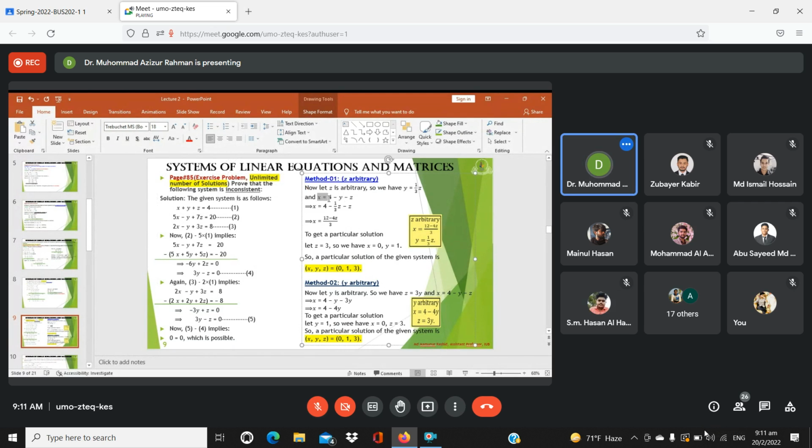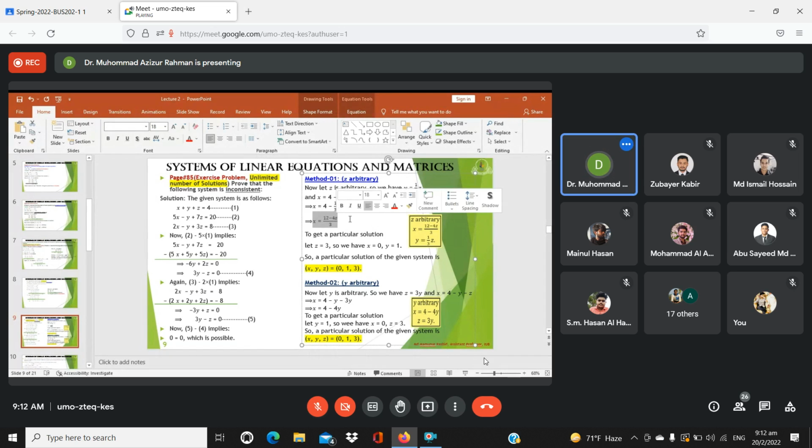You can put the value of y here: x equals 4 minus y, where y equals z by 3, and you already have the z. So simplify it, then you get the value of x equals 12 minus 4z divided by 3. So this is the value of x, and this is the value of y.